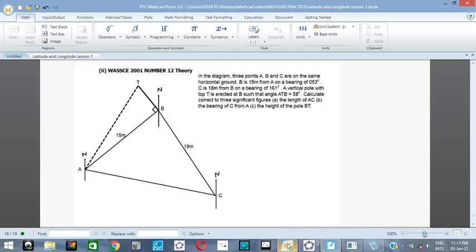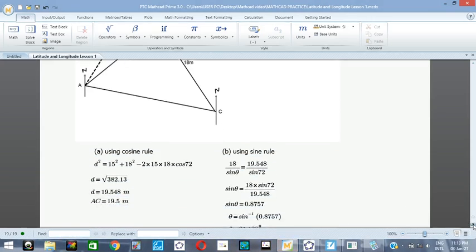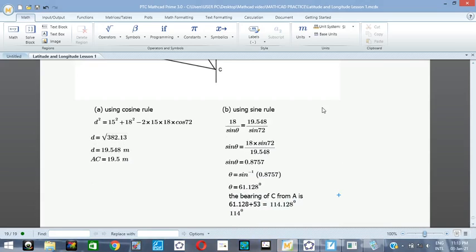So if I do that, which is part C now, we can do that one in this corner. Part C, using trigonometric ratio, we are going to use tan.